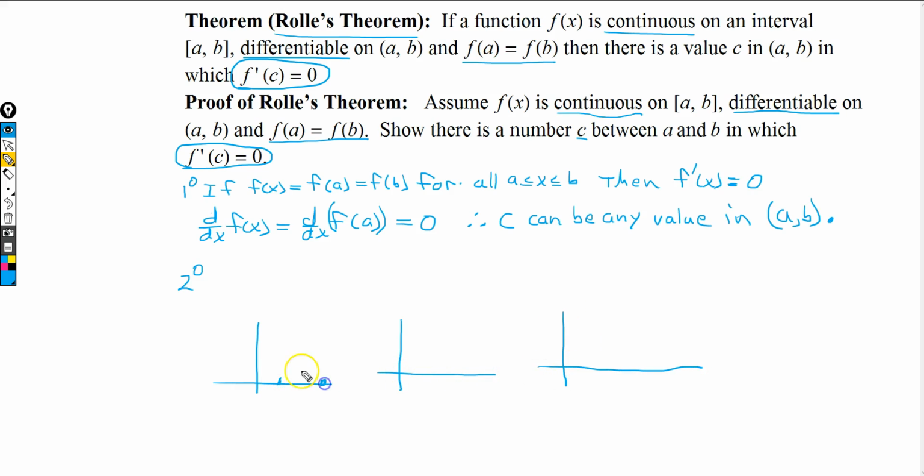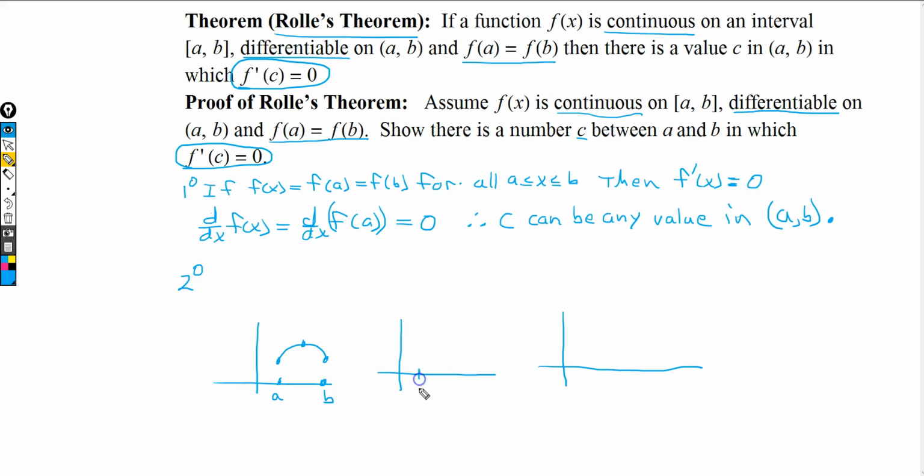So the graph of f could go like this. If this is a and b, the graph of f could go like this, where we have a single maximum value like that, and our minimum value for f occurs at the endpoints.